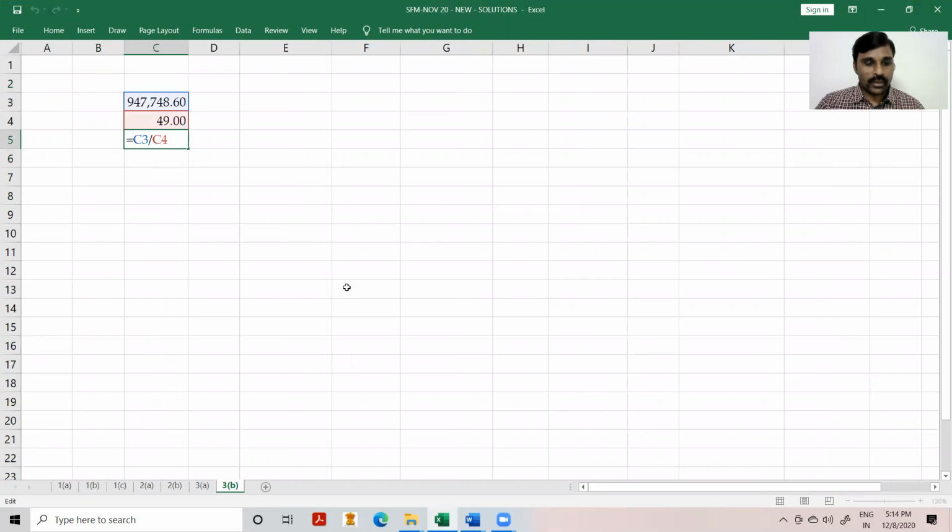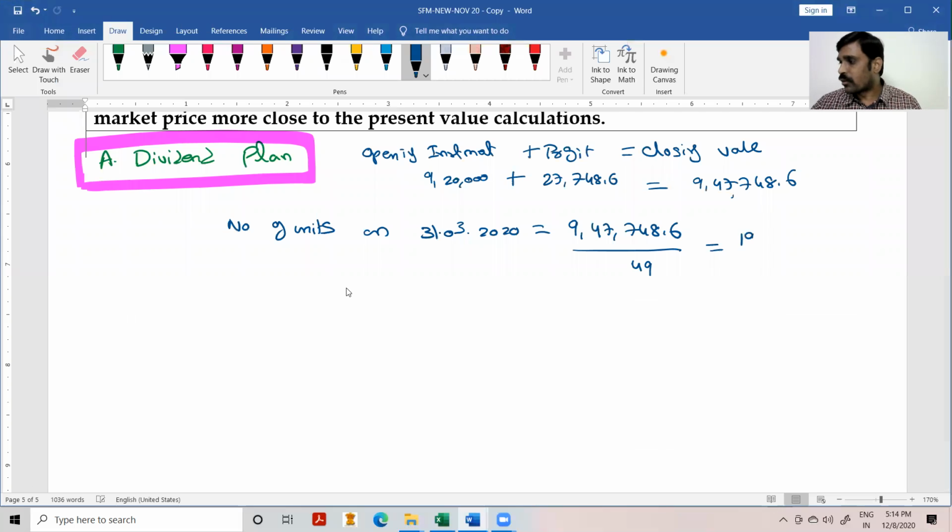If you round it off, it will be 19,342. This is the number of units as on 31st March 2020.